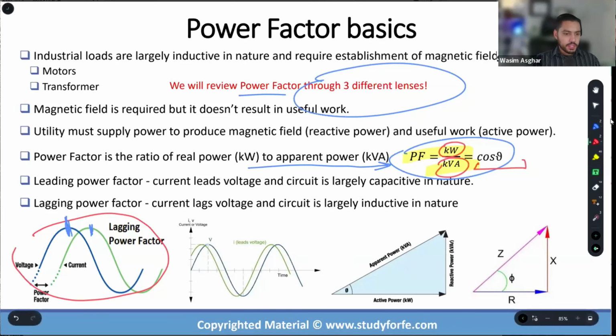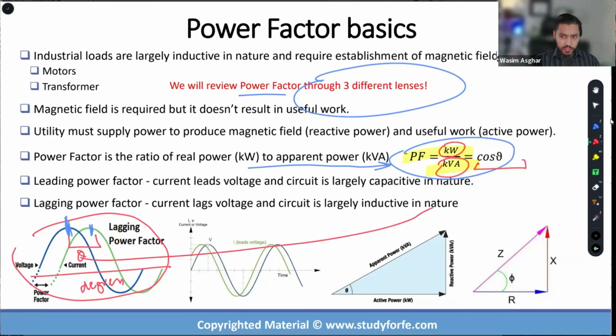The idea over here is that on your x-axis, you basically have degrees, and then you can see that the angle difference between these two is what goes in this formula. The argument of this formula, cosine of which angle? Of the power factor angle. And how can you find that power factor angle? By looking at the delta, the phase difference between the voltage waveform and the current waveform.